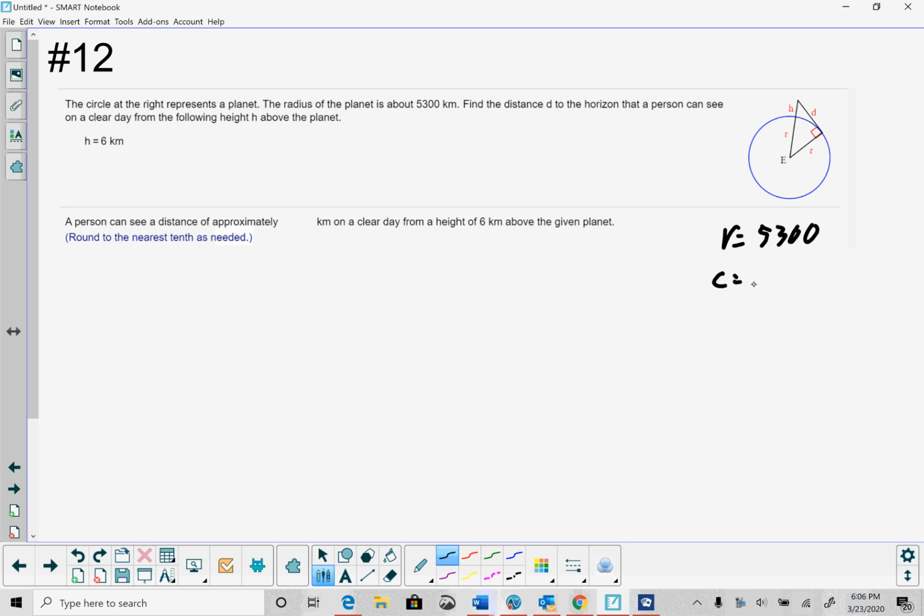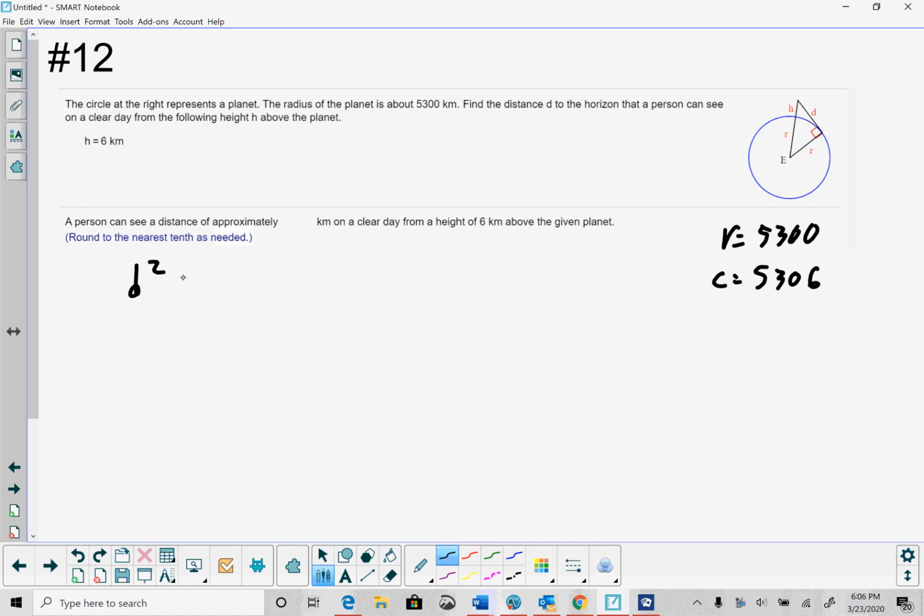Our hypotenuse, a squared plus b squared equals c squared, is 5,306. And we know that a line tangent to the circle has to be perpendicular to that radius at the point of tangency. So we can use our Pythagorean theorem.